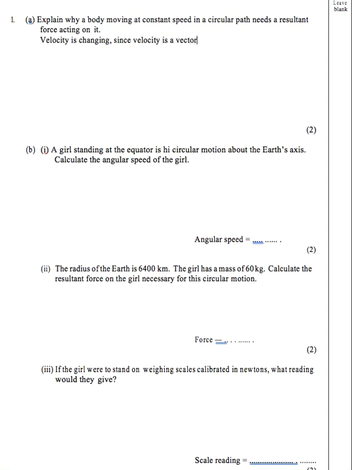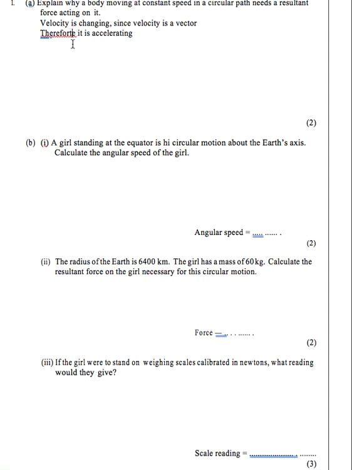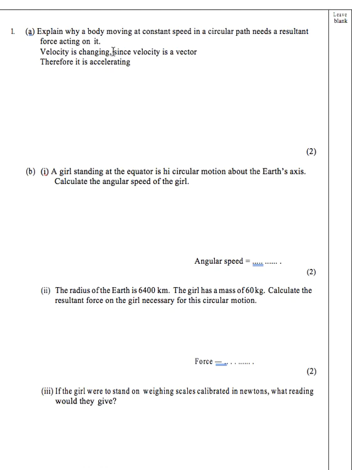You might say there's 2 points, but therefore it is accelerating. I know I spelled that wrong. And that indeed. So there's my 2 points. I feel I have to say this, even though it looks like a second point.